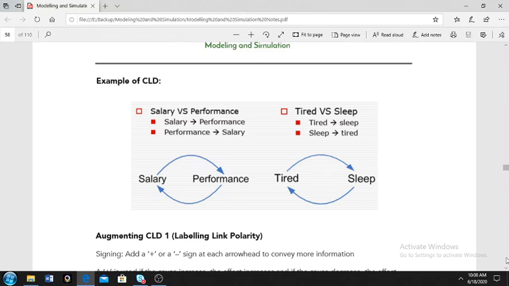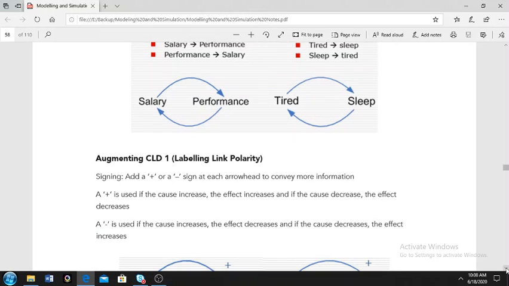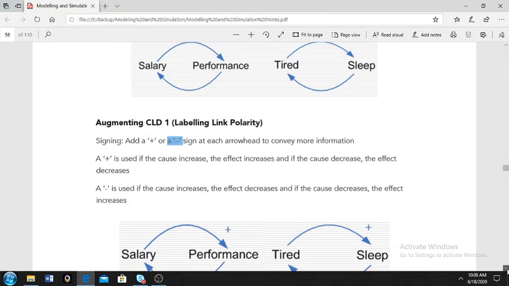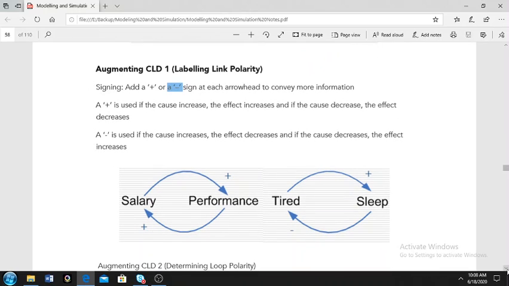Now we talk of augmenting. Augmenting gives more information. Now you add a plus or you add a minus. So what does this mean?